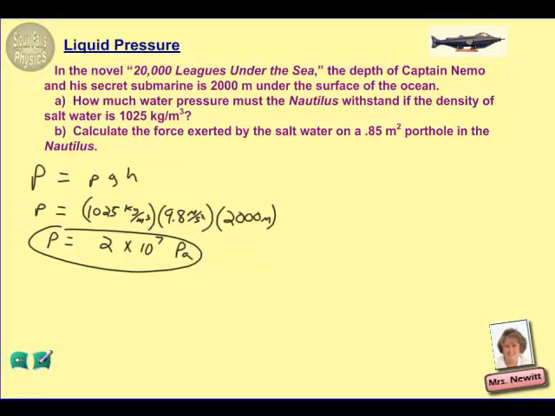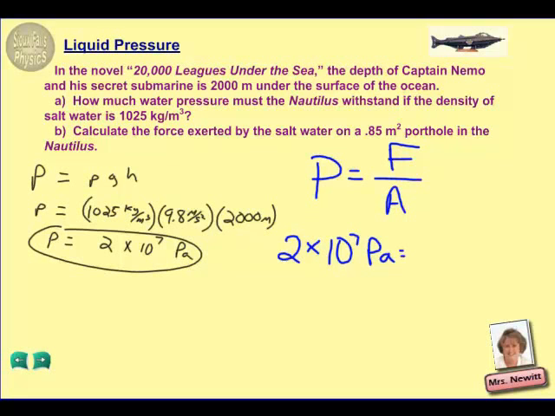The second part of this says calculate the force exerted on a 0.85 square meter porthole. And again, remember that pressure can also be defined as a ratio of force per area. So we have a pressure value that has been calculated at 2 times 10 to the 7th pascals.